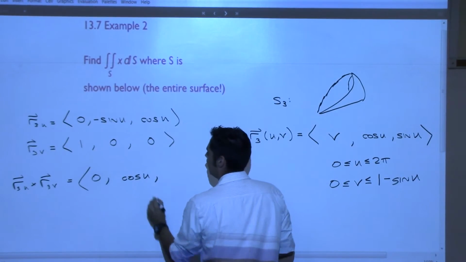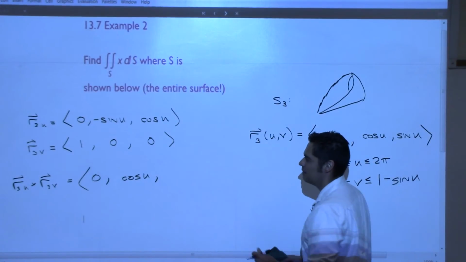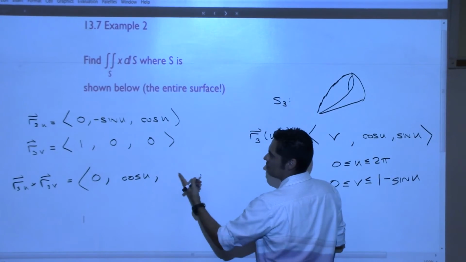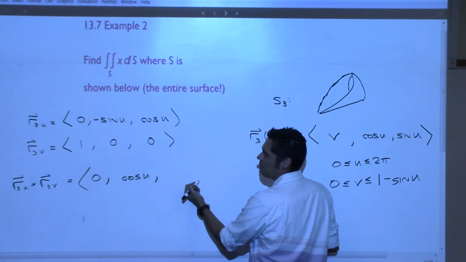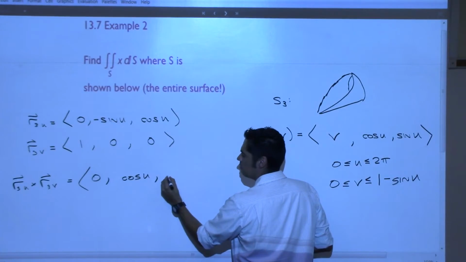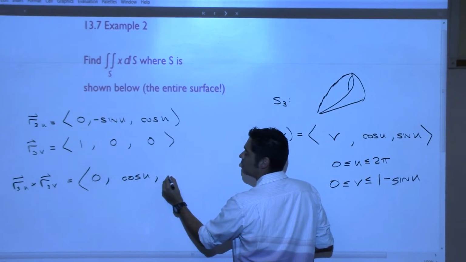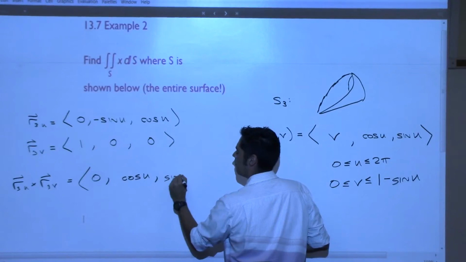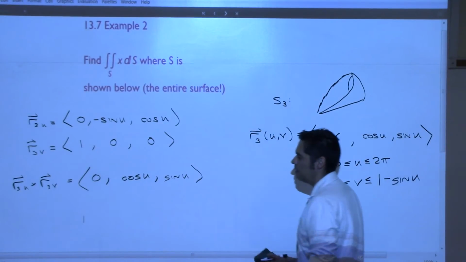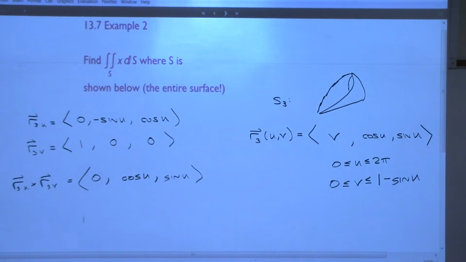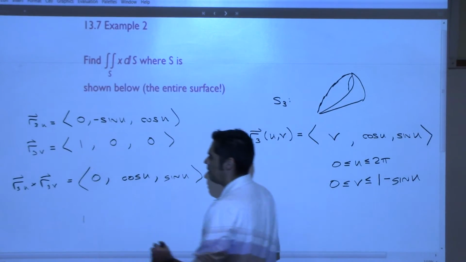Definitely, okay. We're going to square it anyway, right? When we get the magnitude. All right, what's the last one? Sine u. Sine u. Oh, wow, okay. Is that going to be 1? Magnitude?